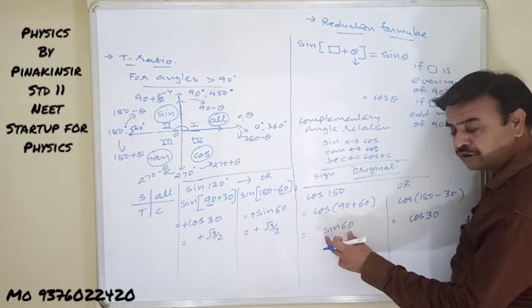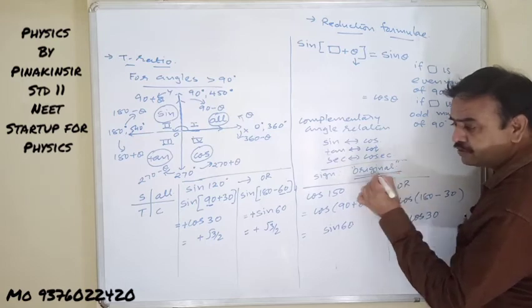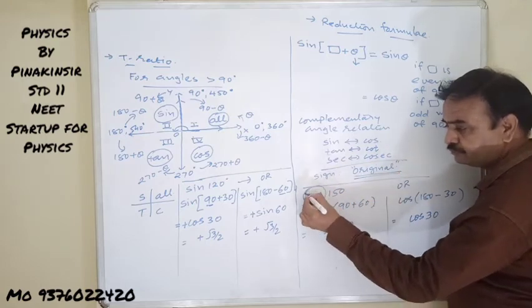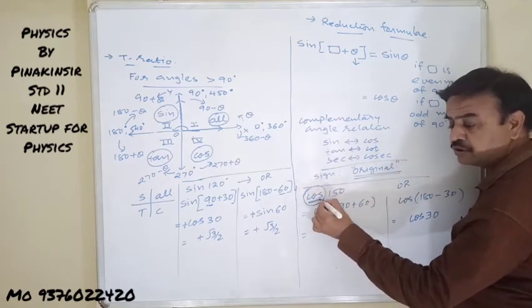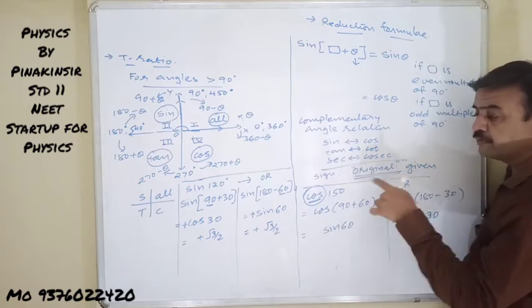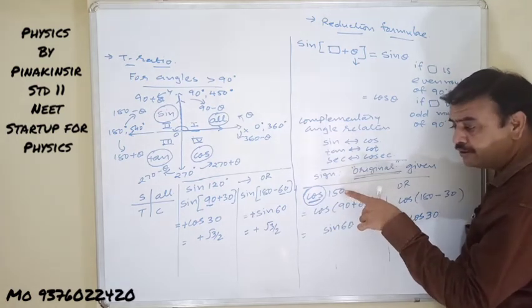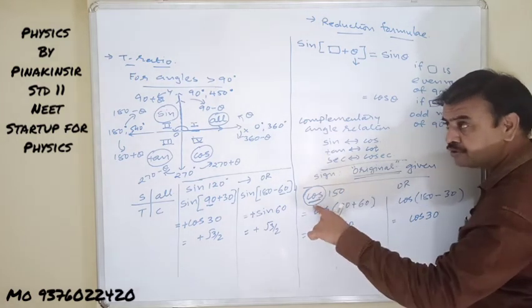Okay. Now about the sign. See, the original function given there is cos. Just check this original given function. Mind well, the original given function is cos. Your angle is in the second quadrant, and in the second quadrant cos is negative.